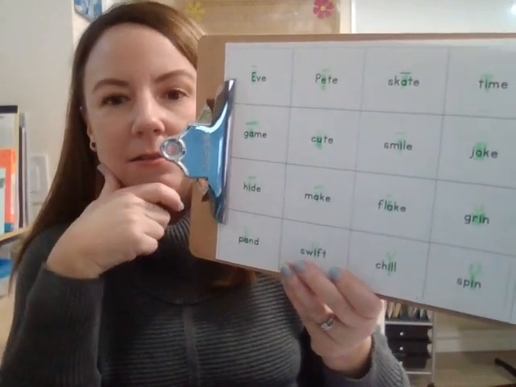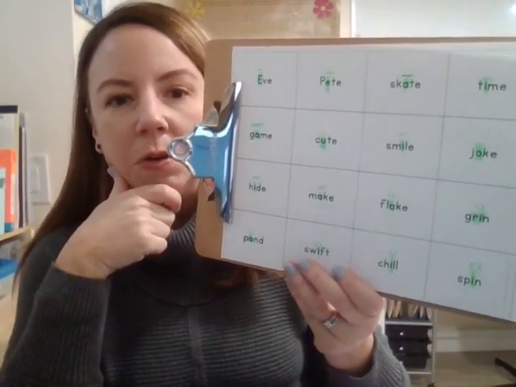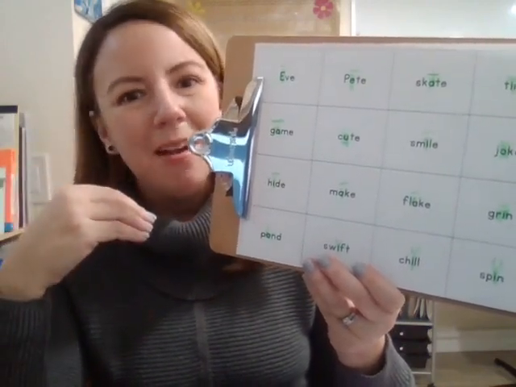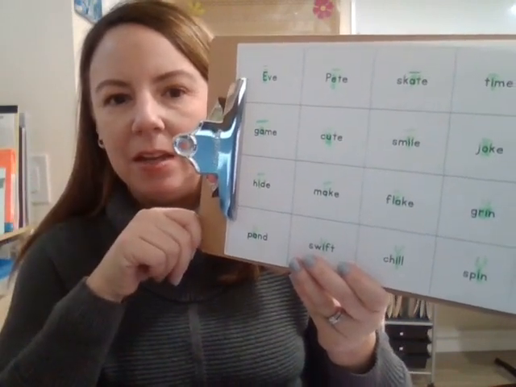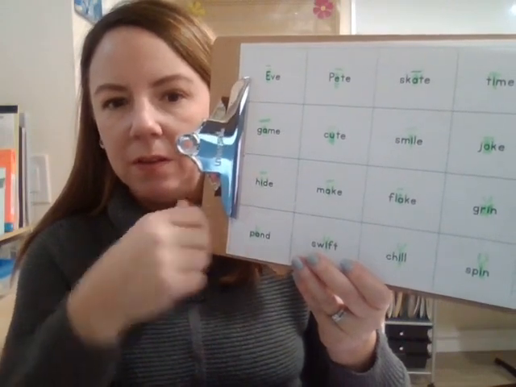The next that I would point out and say, you know what? I see two words on here that have really similar meanings, but they're slightly different. So we have some synonyms there. Can we find those? Okay.